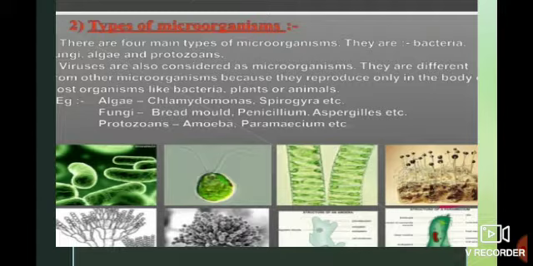Examples: algae are Chlamydomonas and Spirogyra. Fungi are bread mold, Penicillium, and Aspergillus. Protozoans are amoeba and paramecium.